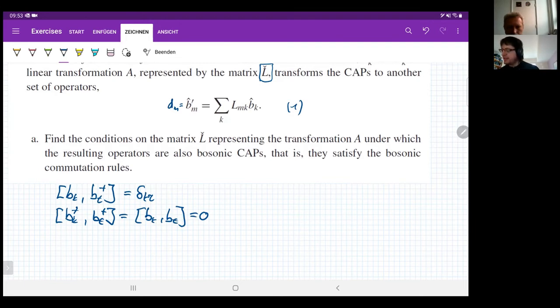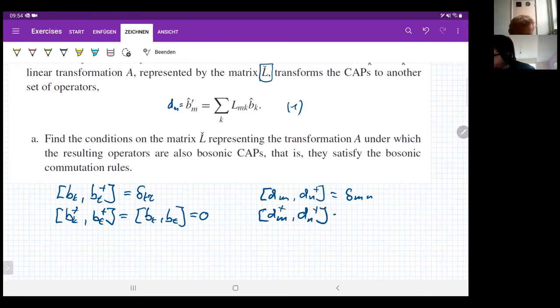And we request that our final D operator should satisfy the same commutation relations. Therefore, we have the commutator of D_m and D_n dagger equal to delta_mn, and we also request that D_m dagger, D_n dagger equals D_m, D_n equals 0.